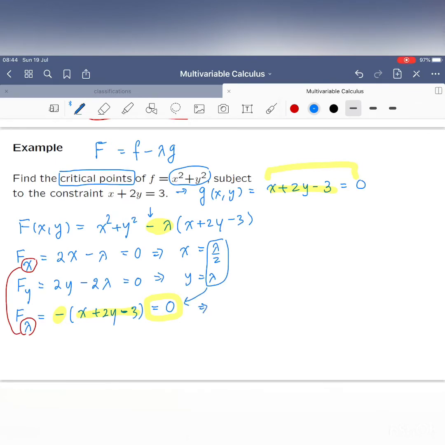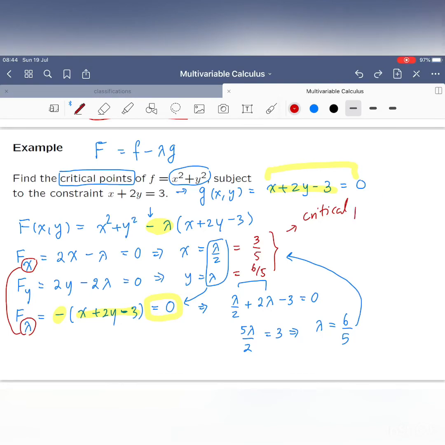Then you can just plug your x and your y into that equation, so you have x plus 2y minus 3 equals 0. You get 5 lambda over 2 equals 3, so lambda is 6 over 5. After you get your lambda, you can go back to your x and y. If lambda is 6 over 5, x is 3 over 5, and y is 6 over 5.